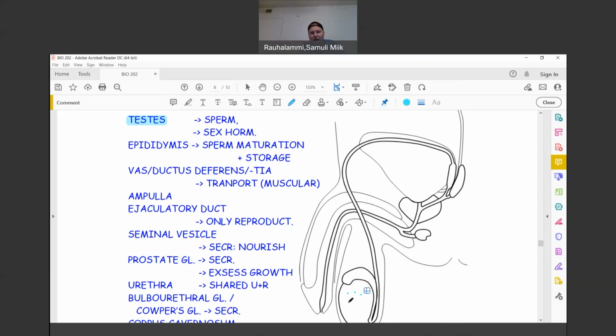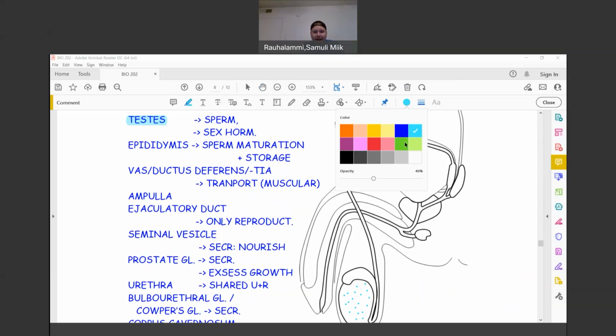So the first structure we're going to look at is the testes. The testes is the primary sex organ of the male, and this is where the sperm cells are being produced. And remember, also the sex hormones. So two important things that the testes produce.